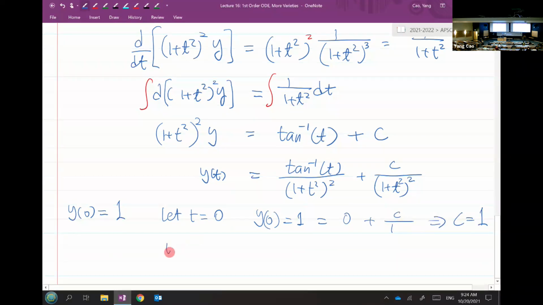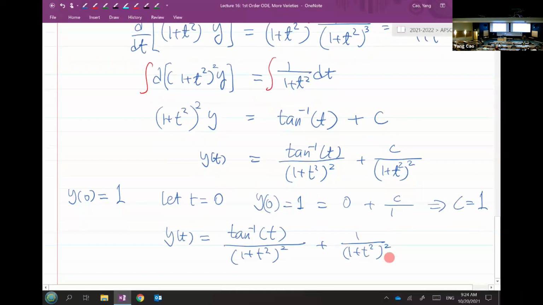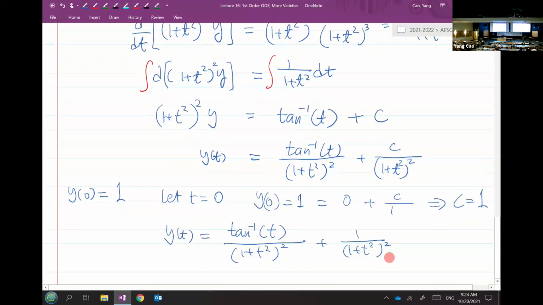So finally, your solution for y of t equal to tan inverse t plus 1 over 1 plus t squared. That's a solution. So this is a proper procedure of the integrating factor method.